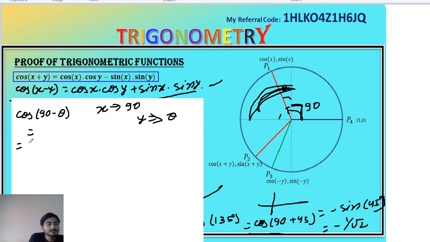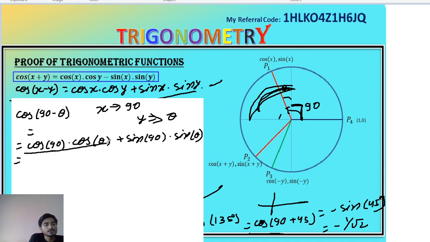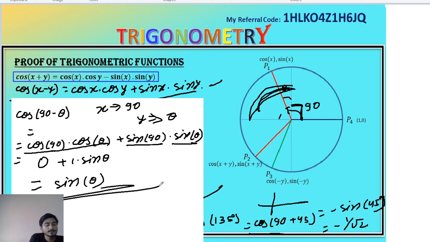So this can be written as cos 90 cos theta plus sine 90 into sine theta. Cos of 90 is nothing but 0, so 0 into cos theta is 0, plus sine of 90 is 1, so 1 into sine theta. So this becomes completely sine of theta. Is it clear to everyone?